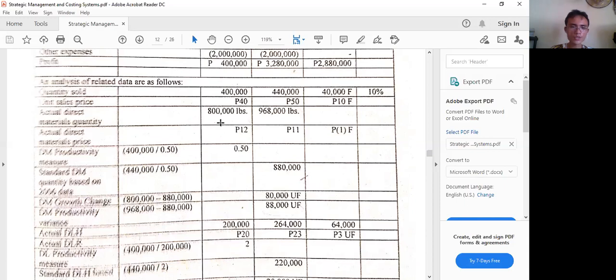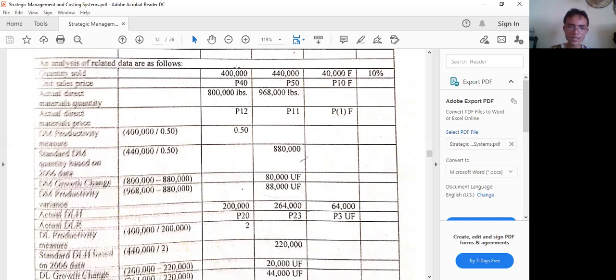So in other words, we use the quantity sold in order for us to compute the measure. I think that's the point that was not highlighted a while ago. The quantity sold is used as the numerator divided by the specific item that we are looking into, could be direct materials or direct labor, and the quotient is going to be the measure.